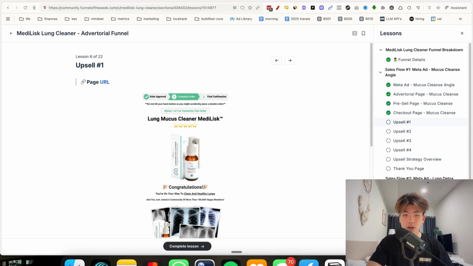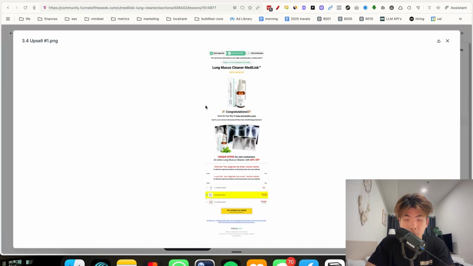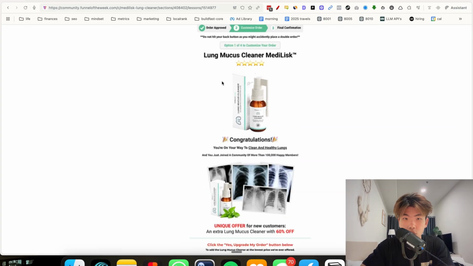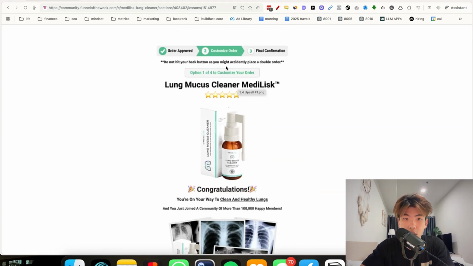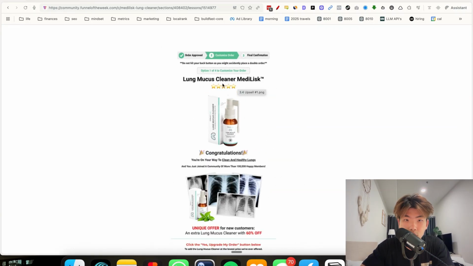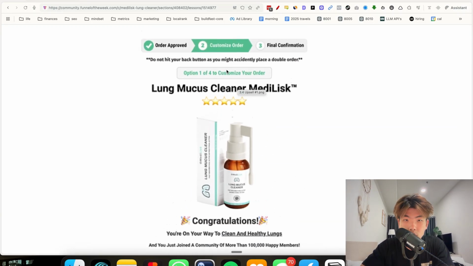Okay, so this is their upsell. This is after they check out. They mention that you shouldn't hit the back button, you might accidentally place a double order.